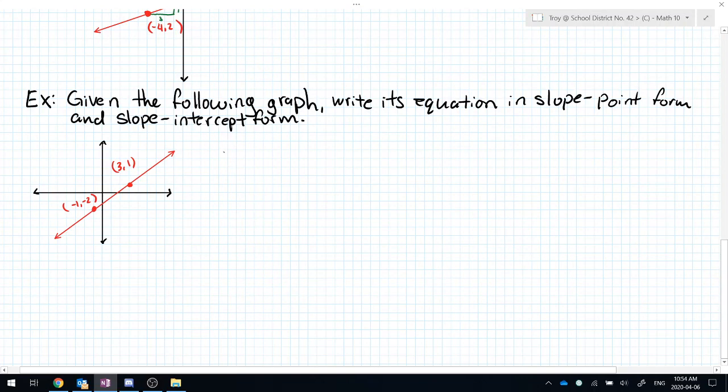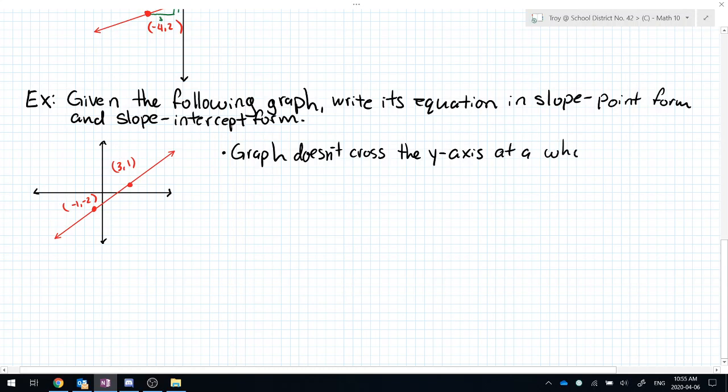So we'll say the graph doesn't cross the y-axis at a whole number, so we'll use slope point form.